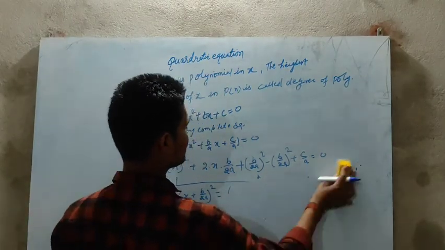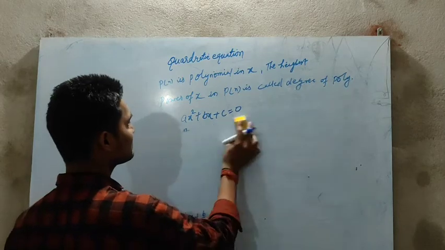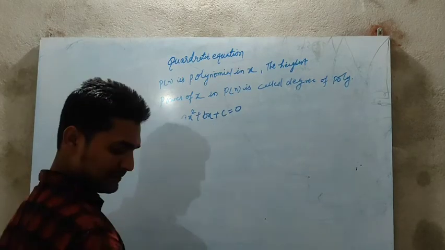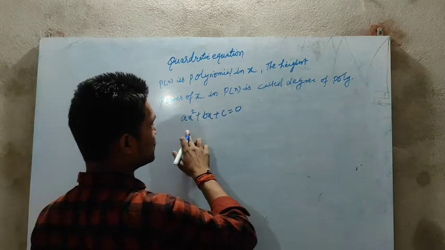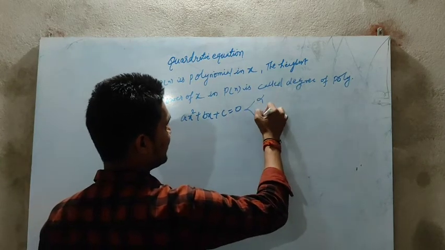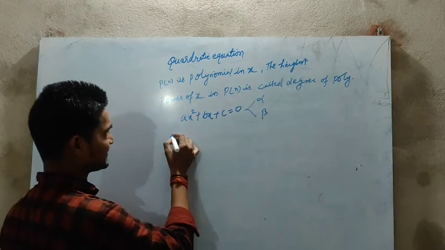Again, let alpha and beta be the roots of the quadratic equation.